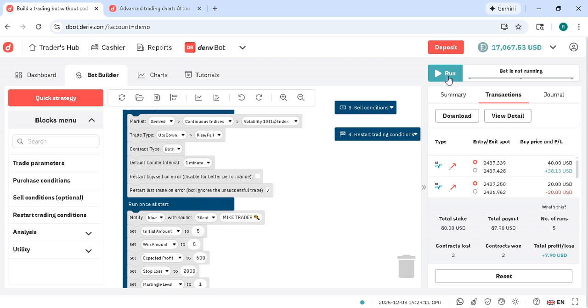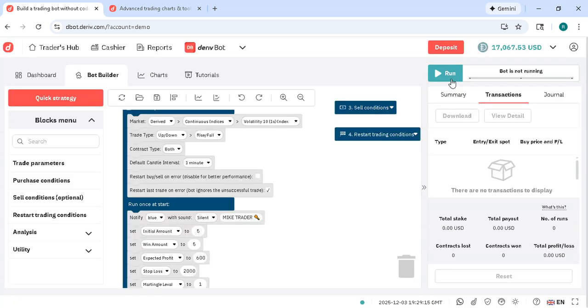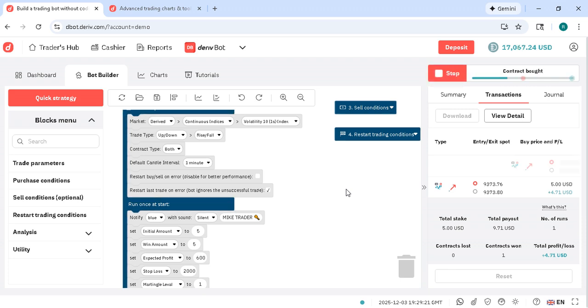Okay, so if I run this bot, at least because it has an S, it will be a bit faster.